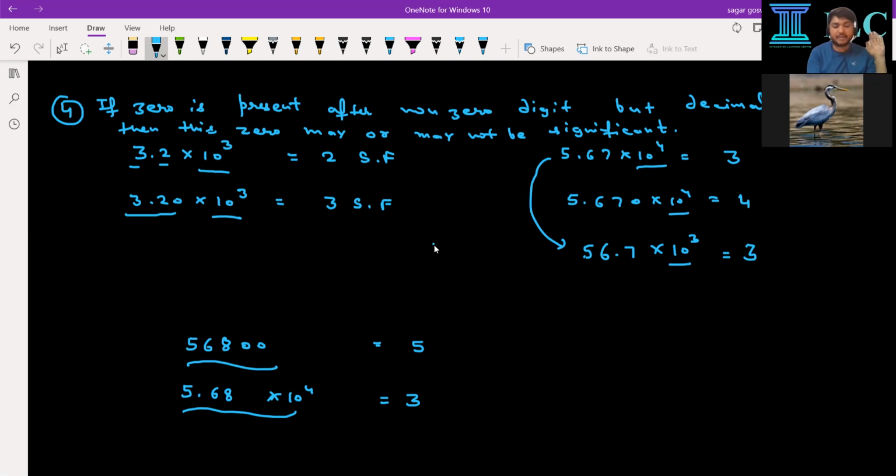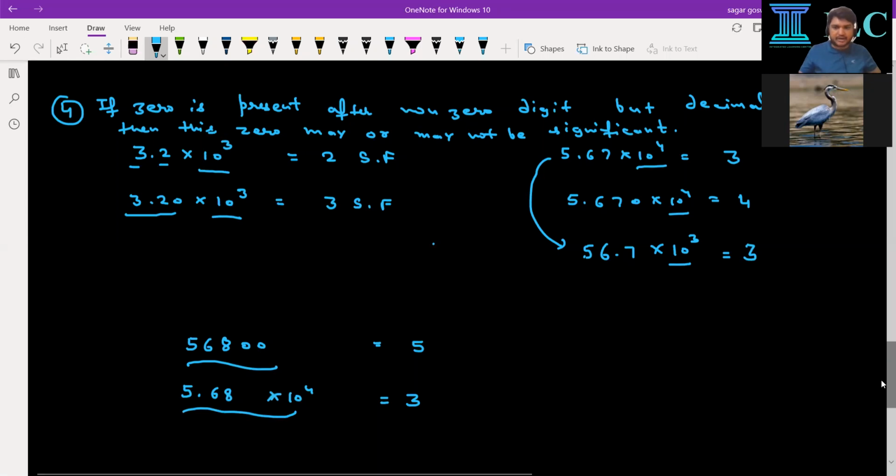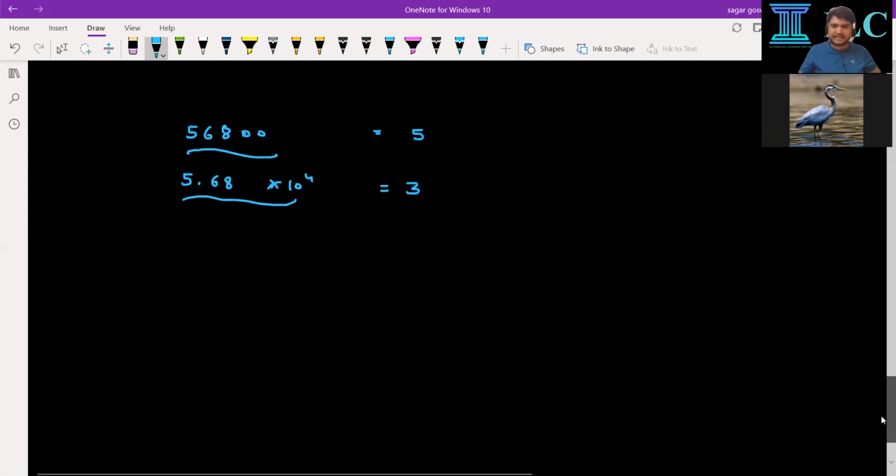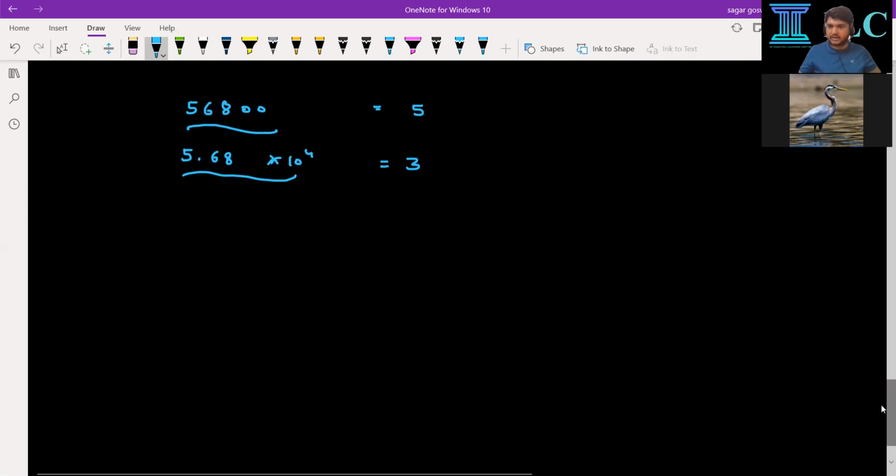And remember, you can add zeros after the point. One student asked me, sir, zero after the point, is it significant? I said yes. He said, sir, tell me how many significant figures 5.0 has.